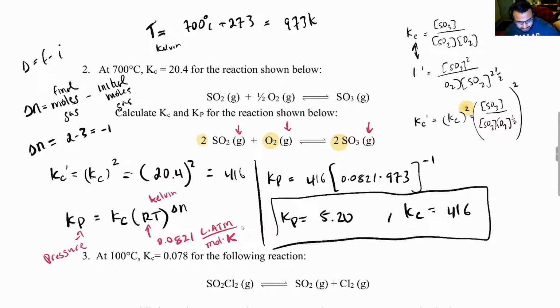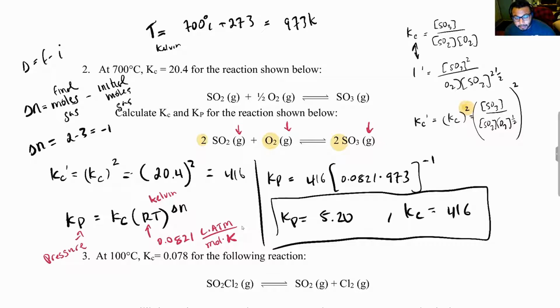You can think of these two values as analogous. Kc, remember, is a ratio of the products over the reactants, and Kp is the same thing, however it's accommodating for the fact that these are gases. So it turns out that the equilibria is a little bit different with respect to gases. We don't really need to go any further than that, but that's essentially the concept we're trying to get here.